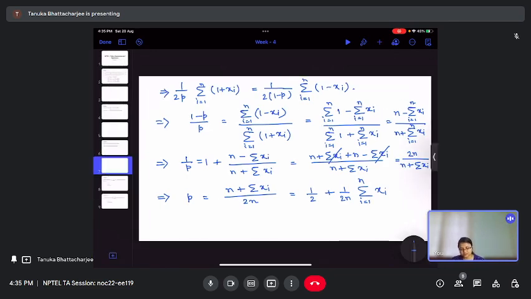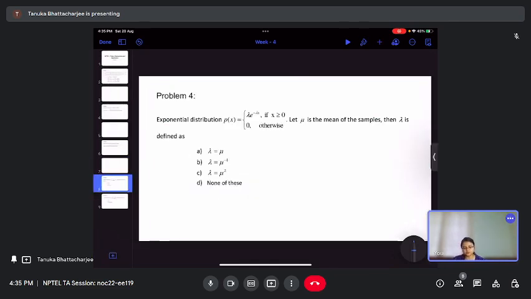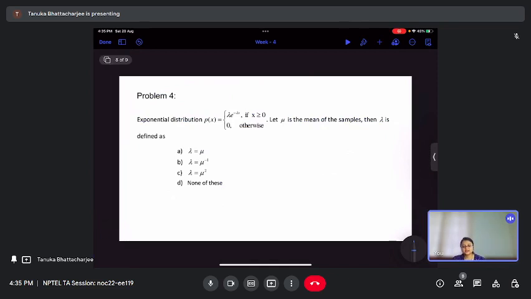Now, let us move on to the next problem. Next, we have the exponential distribution, where the probability of x is given by lambda e to the power minus lambda x if x is greater than or equal to 0 and it is 0 otherwise. Here you can see that this is also a parametric density function, and the parameter here is lambda.